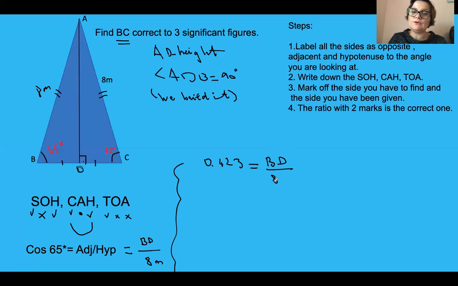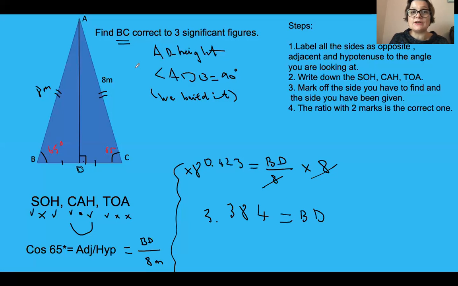Now, we need to get rid of the 8. How do we get rid of the 8? By multiplying both sides by 8. So they cancel out, and 0.423 times 8 equals 3.384, which equals side BD.